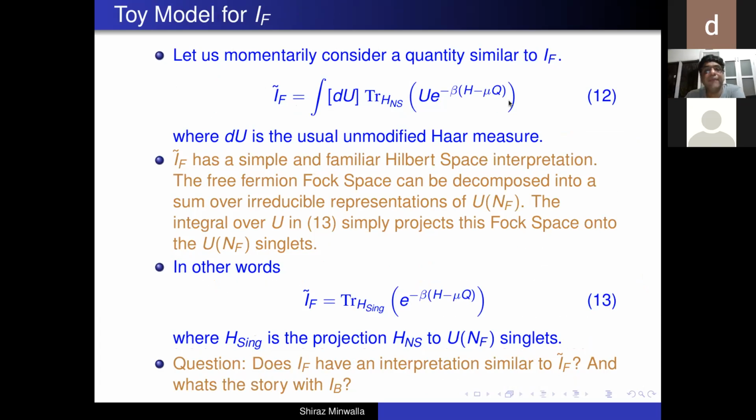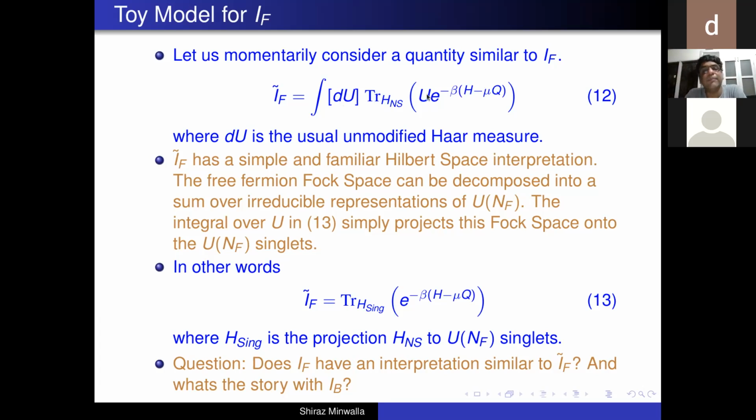Okay, and we could ask what is the Hilbert space interpretation of this? Now the Hilbert space interpretation of this is very familiar. It's very simple and very familiar. You see, what we're doing is we're taking this set of free fermions that have invariance under a UN global symmetry, which is actually gauged, but before you do the integral over U, acts like a global symmetry.